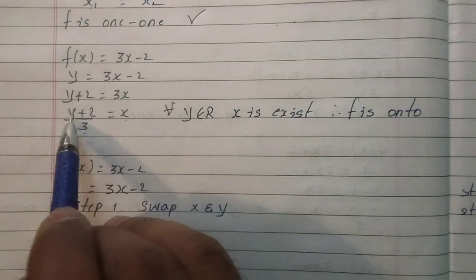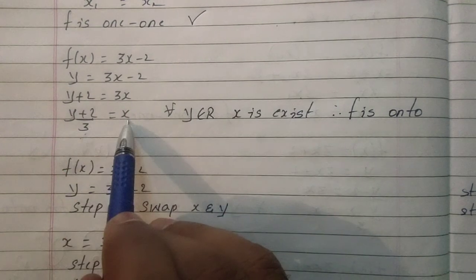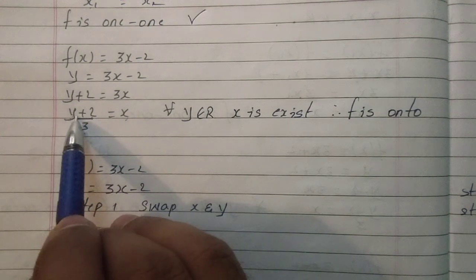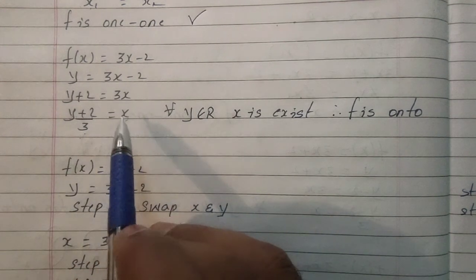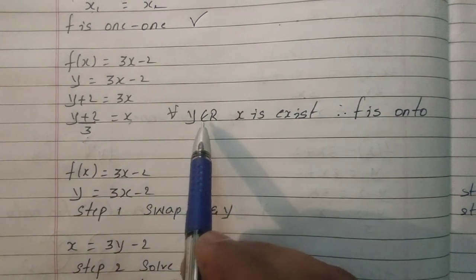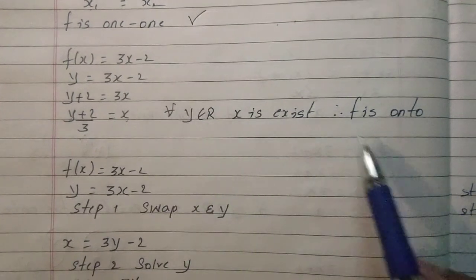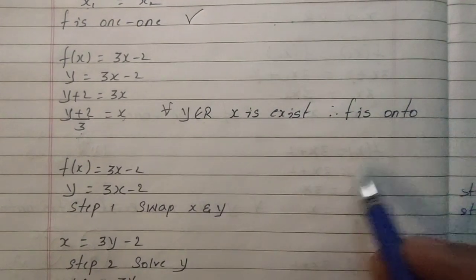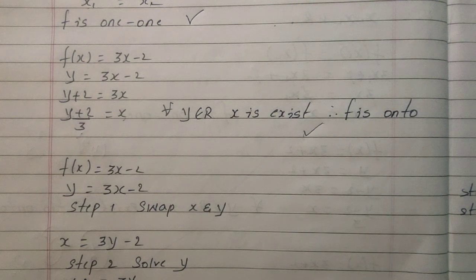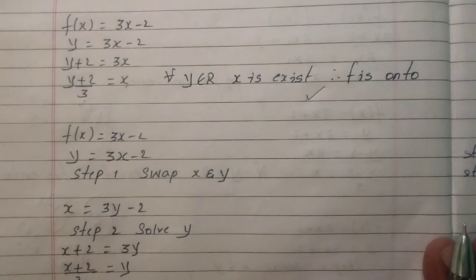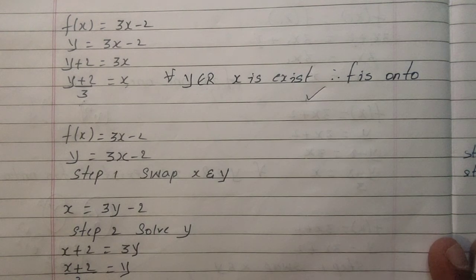If I take 2, 2 plus 2 is 4, 4 by 3 is x. So you take any value, there will be an x. So for all y belongs to R, x exists. Therefore the function is nothing but an onto function. Next, the function is one-to-one and onto, so it is bijective, and the inverse exists.